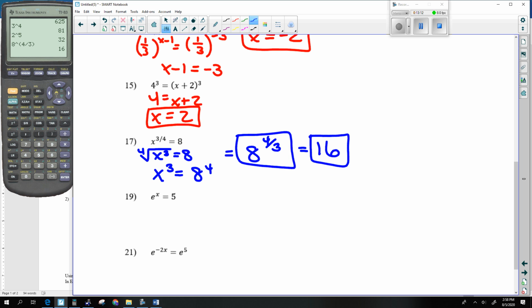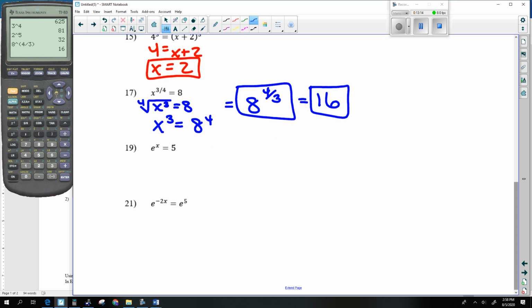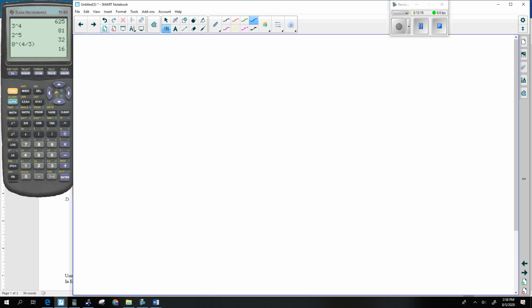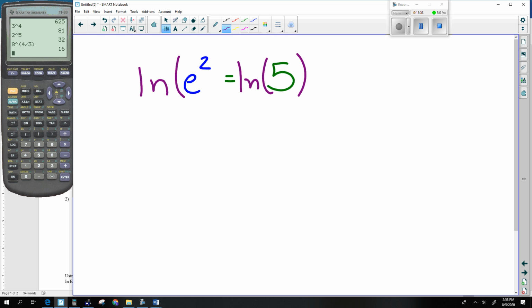E to the x is equal to 5. Here is where another little mini lesson. E to the 2 or something like that. To get rid of an E, say it's in an equation or something like that, what you do to get rid of an E is you take the natural log, which is the ln. So if I take the ln of this, it eliminates the E, which leaves the exponent coming down to be a base number. And so 2 is equal to the ln.